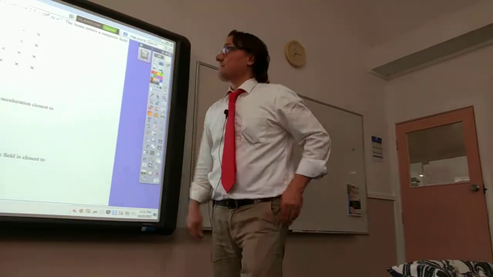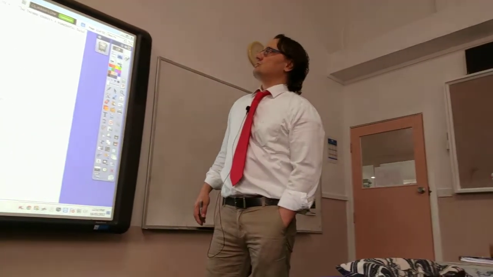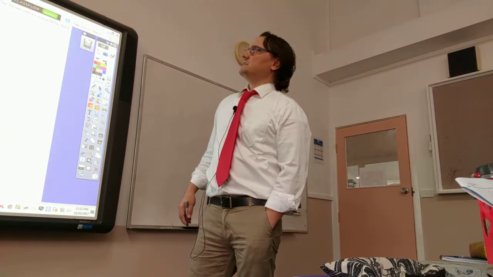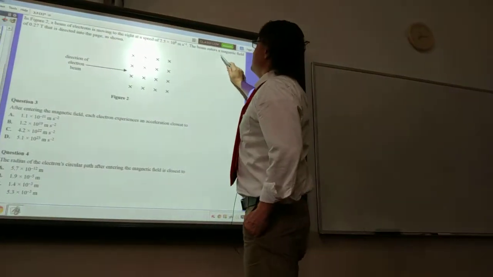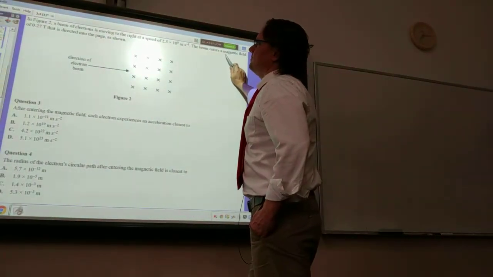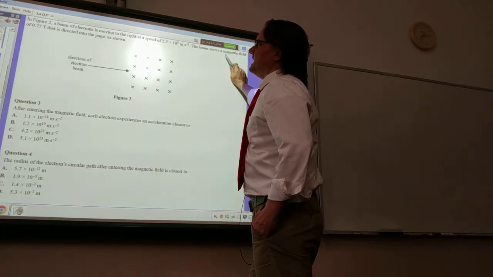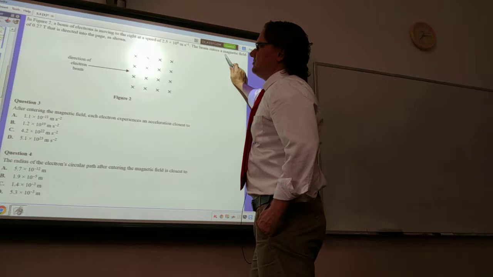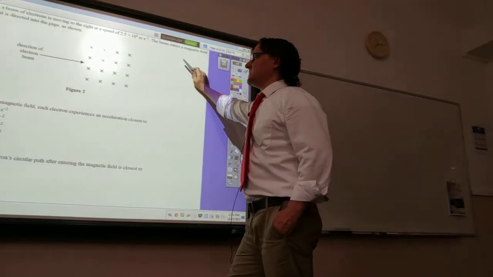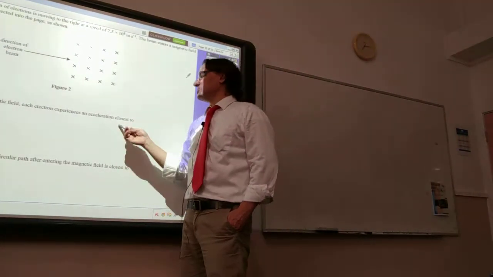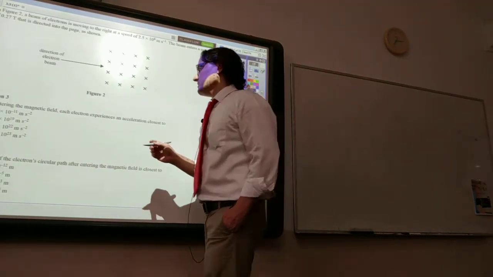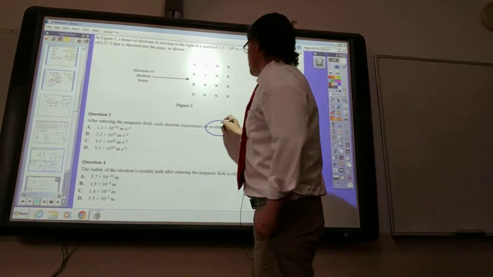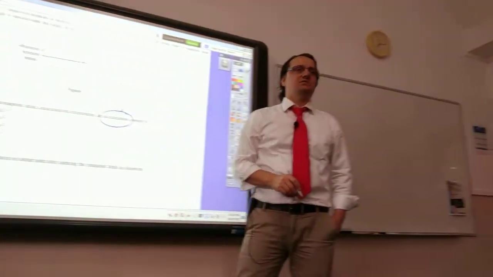Right? Moving on. A beam of electrons is moving to the right at a speed of 2.5 times 10 to the power 8 meters per second. The beam enters a magnetic field of 0.27 tesla that is directed into the page as shown. After entering the magnetic field, each electron experiences an acceleration closest to. Again, a tricky question. Normally they ask you about the force, but this time they ask you about the acceleration.